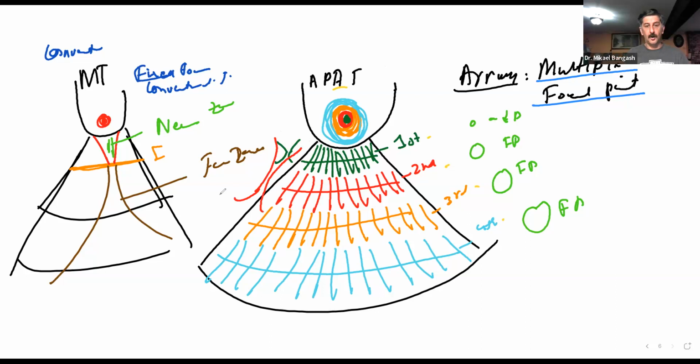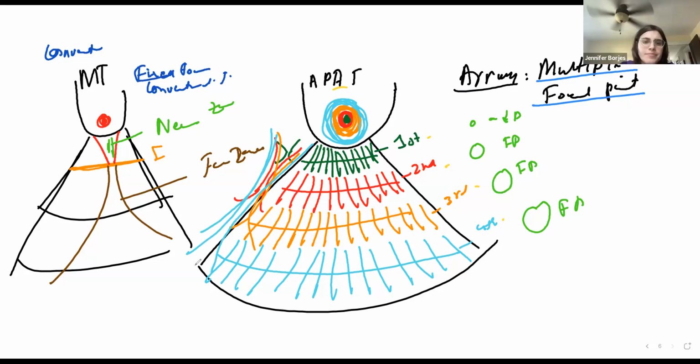The orange beam like this. And the blue beam like this. Did that make sense? Yes. Thank you. Good.